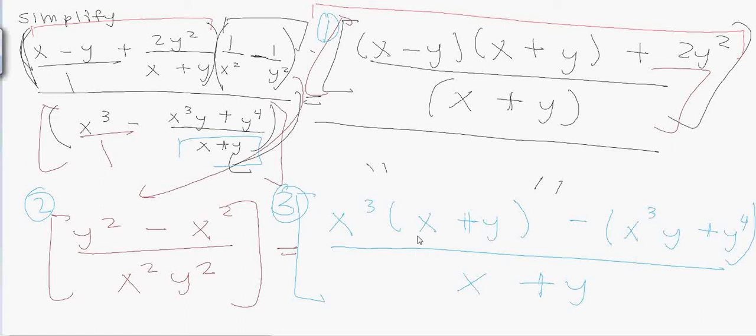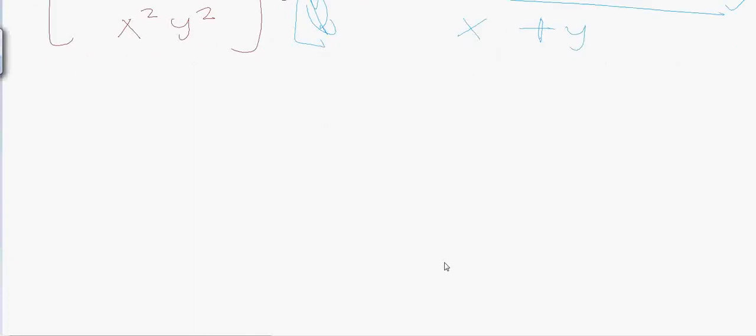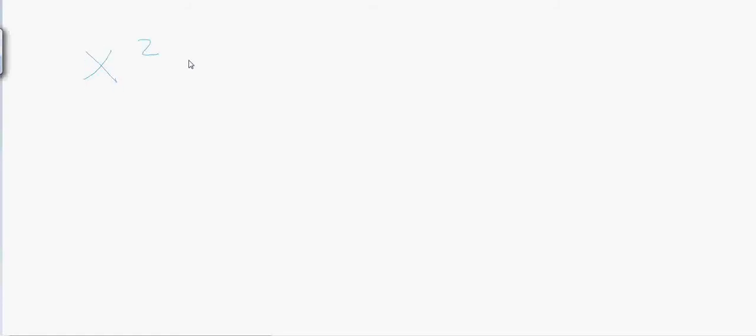So essentially we're going to switch these two terms, put this whole side on the bottom and this whole side on top. So that puts you at the first numerator, x squared minus y squared plus 2y squared over x plus y.